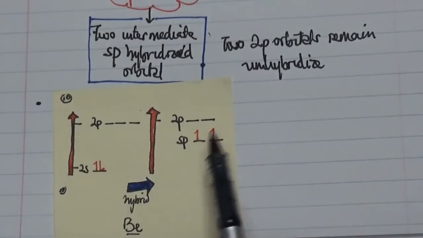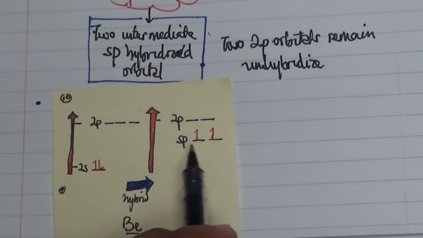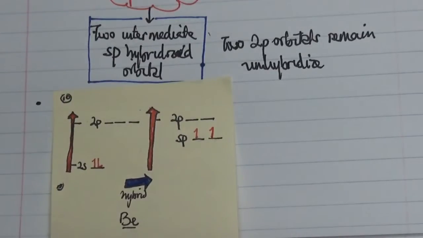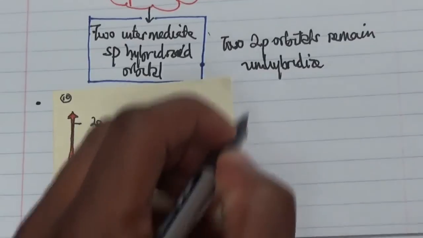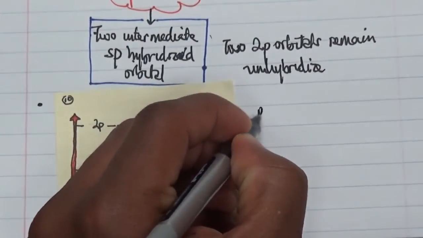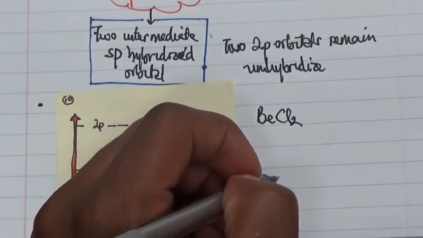And in here we have 2 half-filled orbitals, and these 2 half-filled orbitals will be involved in the bonding between beryllium and another atom, let's say, for example, chlorine, to form beryllium chloride.